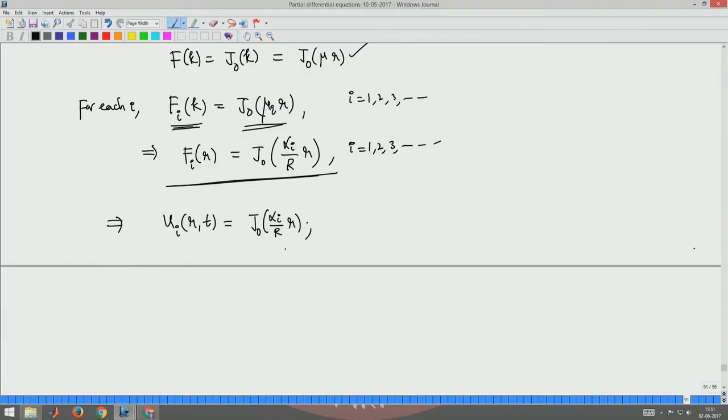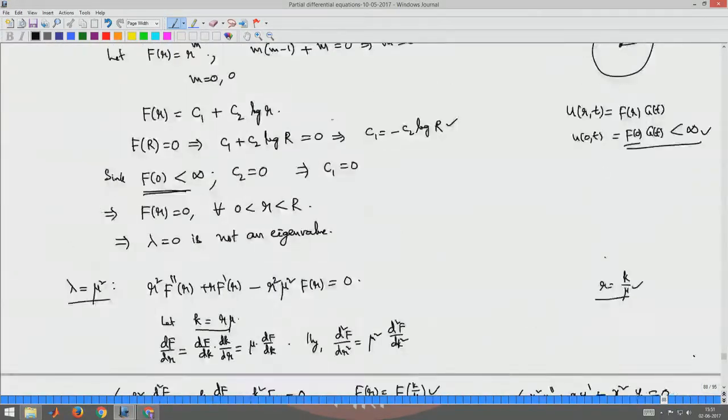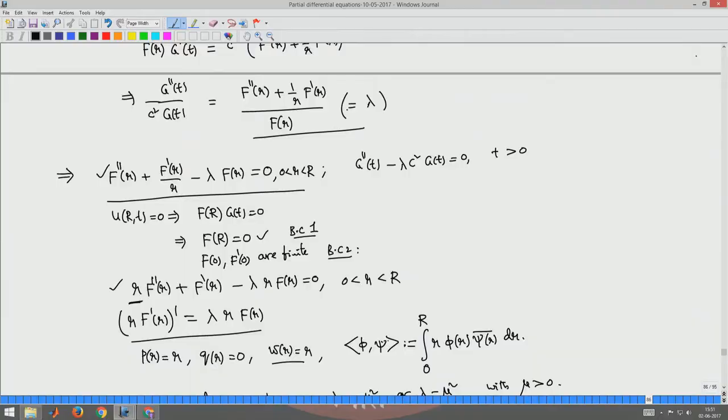Now, what is the other solution? That is g of t; call this g I of t, corresponding to each I. G I is satisfying the second differential equation here. So, the second differential equation is this. If you put g double dash of t, lambda is minus mu square.